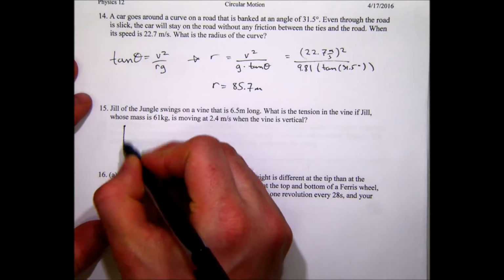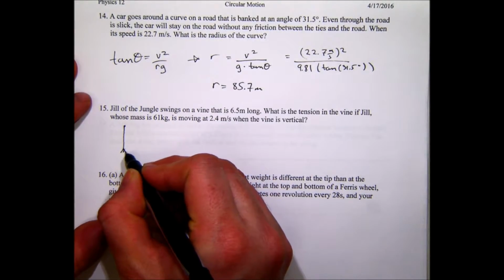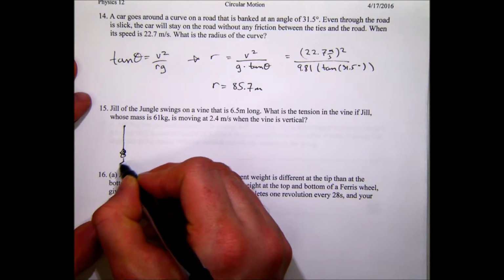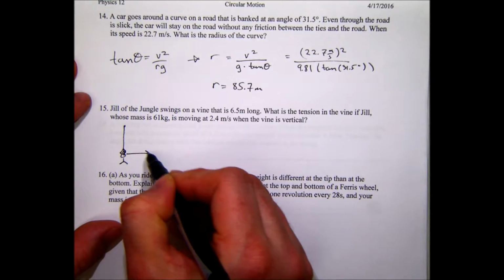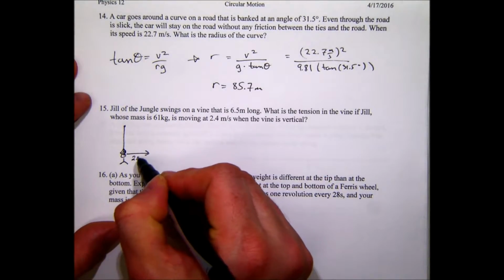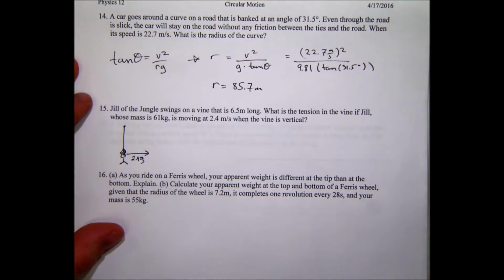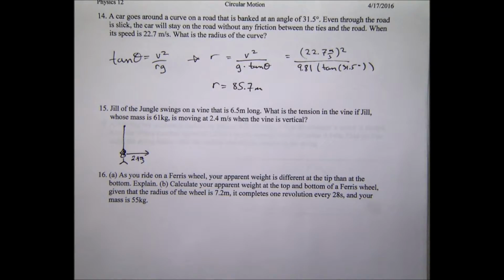second? So if you have someone hanging from a vine swinging with a speed in this case of 2.4 meters per second, at the bottom of her loop, she has two things to consider.